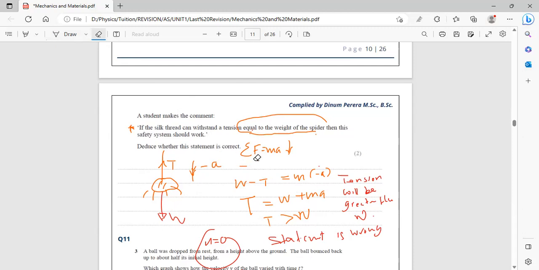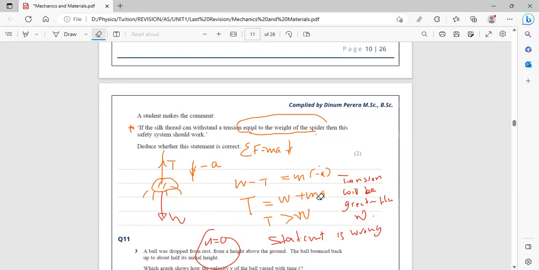When the spider goes down, if you use F equals ma on the spider in the downward direction, you'll get W minus T equals M into A. In this case, the acceleration is opposite, so it's negative A, right? So when you make tension the subject of this equation, tension equals W plus Ma, right?